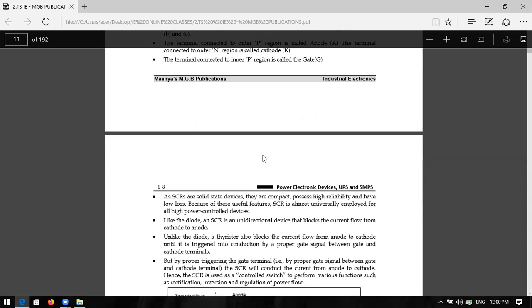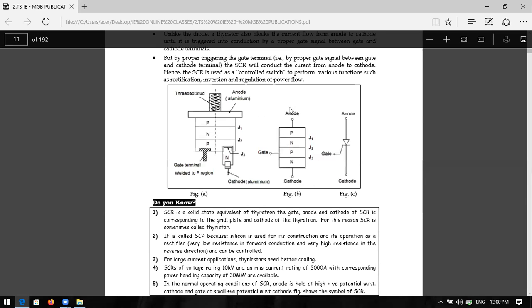This is the PNPN device with junctions J1, J2, J3. The gate should be taken at the second P, which is important, and the anode should be taken at the first P.